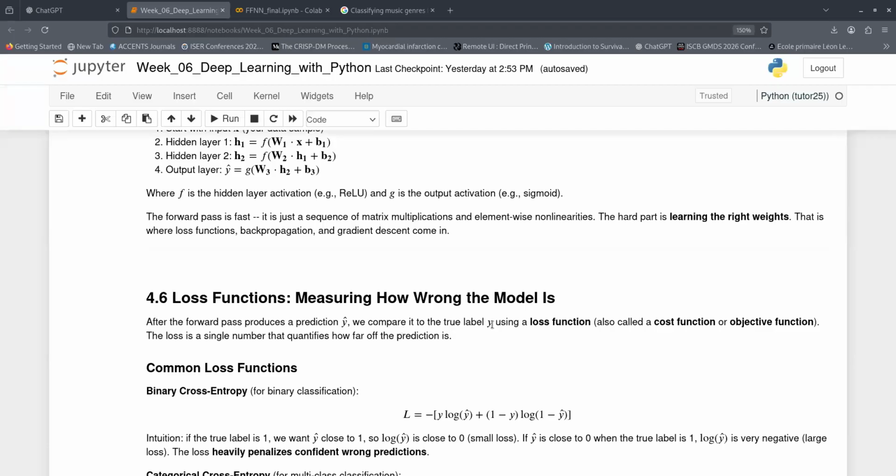Initially, we split our data into two parts generally. We have the X part that we call the features, and we have a target, which is what we call the Y, or we can also call it the true label.